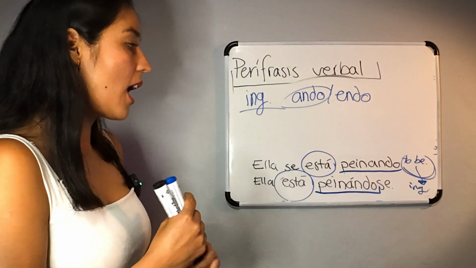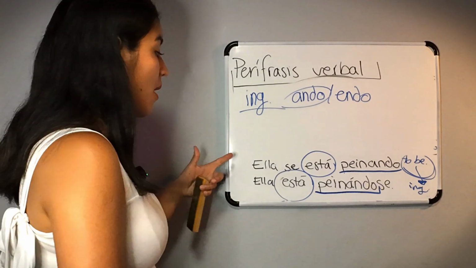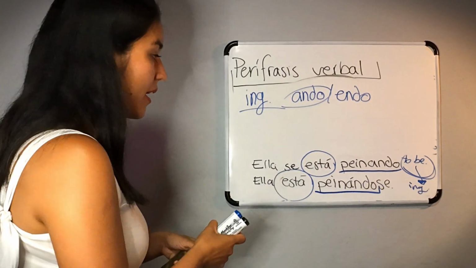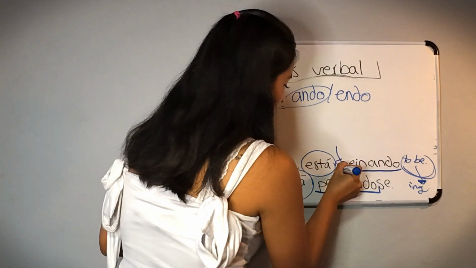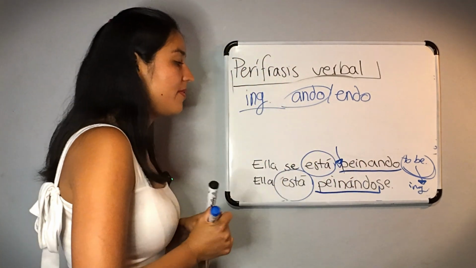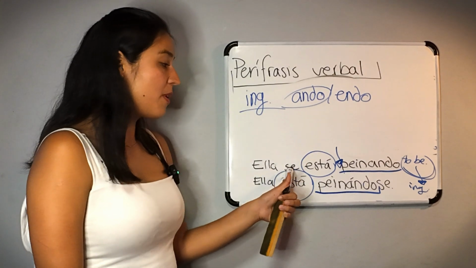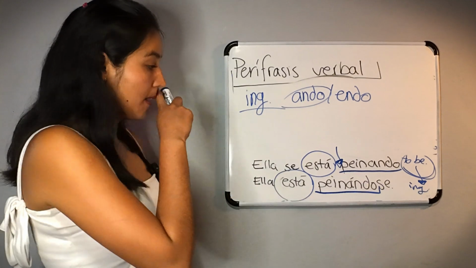Okay, so we have two verbs, the to be and peinar. Again, we can choose between putting it before or after, okay? But it's before or after. You cannot put it between these two verbs. That will be totally wrong. Neither this one or the other one we checked. No. Has to be before those two verbs or at the end of those two verbs. Yeah?